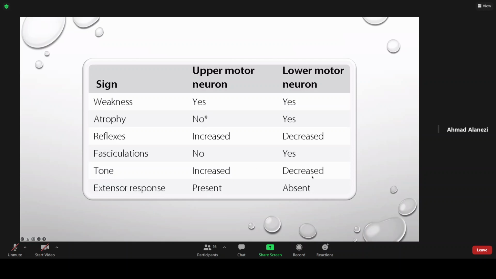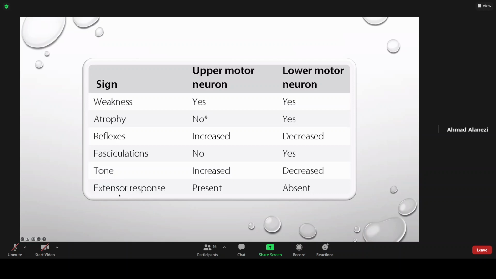Tone: here decreased, here increased. So the tone is either spasticity or rigidity here, whereas here flaccidity, flaccid weakness.